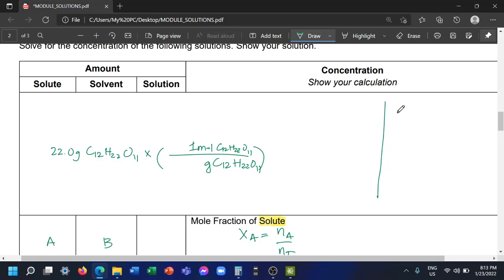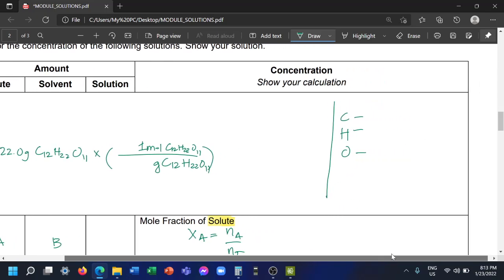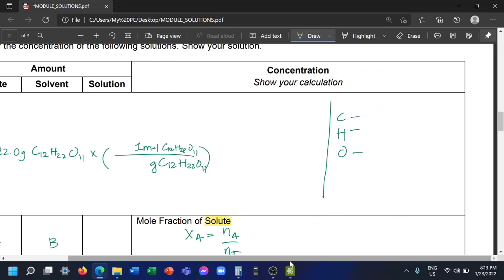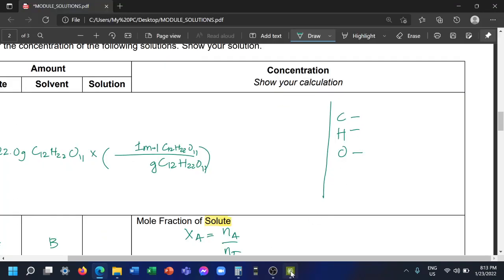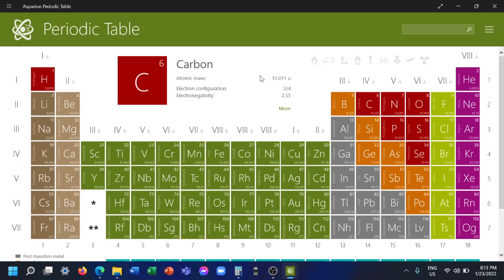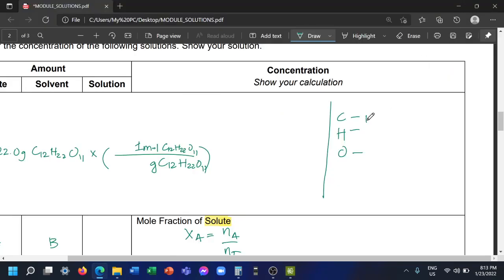Let's have another calculation. We have carbon, hydrogen, and oxygen. For this, we need to determine the molar mass, so let's look at their individual masses. For carbon, the mass is 12.01, and here we have 12 carbons.